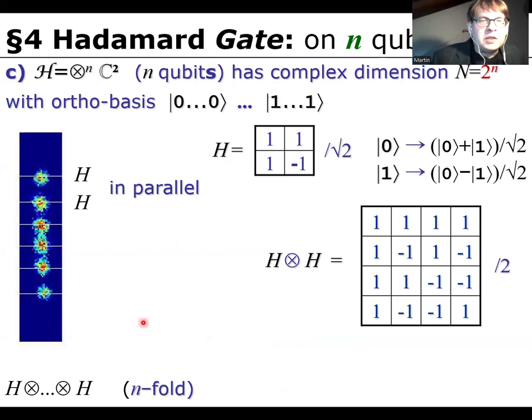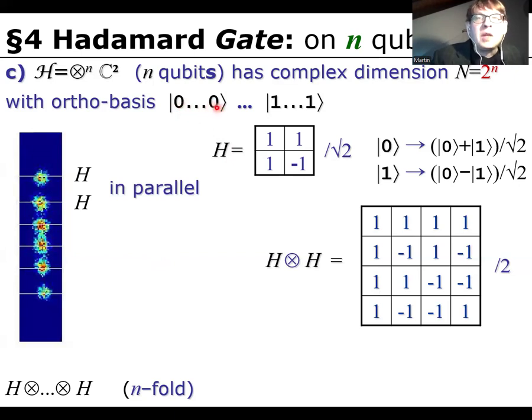And here you see an n-fold tensor product of Hadamard gates, which thus operates on all qubits. None of them is left untouched. And this one creates an entangled state from the initial, let's say, orthogonal basis vector 0, 0, 0, 0.